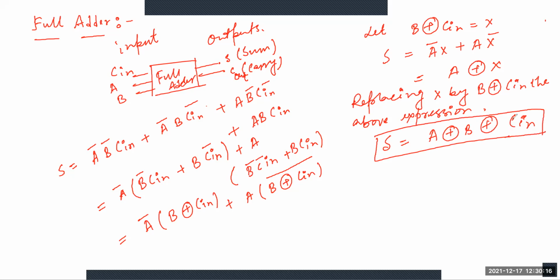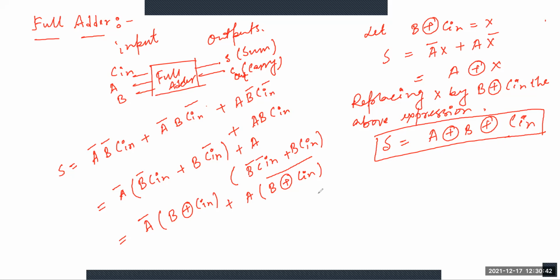Now there is another output, that is the Cout. Cout is for carry. Okay, so for the case of Cout, I think you already noted the truth table of full adder. So again we are considering those input combinations for which the Cout output is 1.